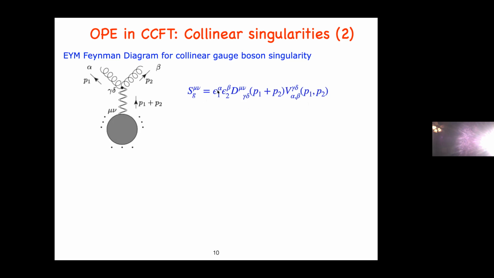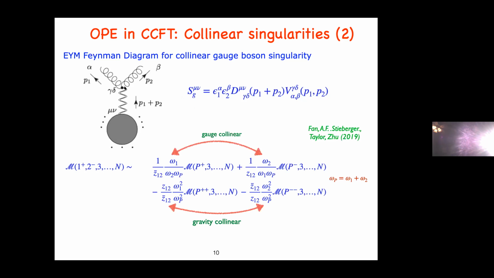These two, epsilon_1a and epsilon_2b, correspond to the polarization vectors of the gluons. This whole thing here, S_G, is called the splitting function. The idea behind this is that if you look at the collinear limit of two gluons, the amplitude would factorize into a splitting factor, this guy here, times the remaining thing.